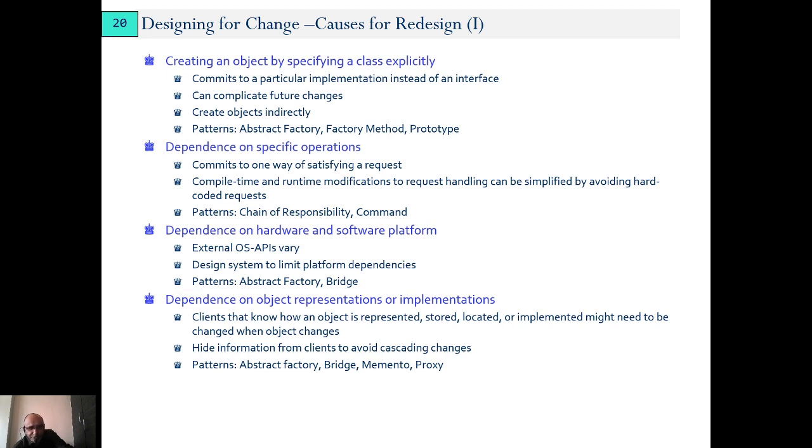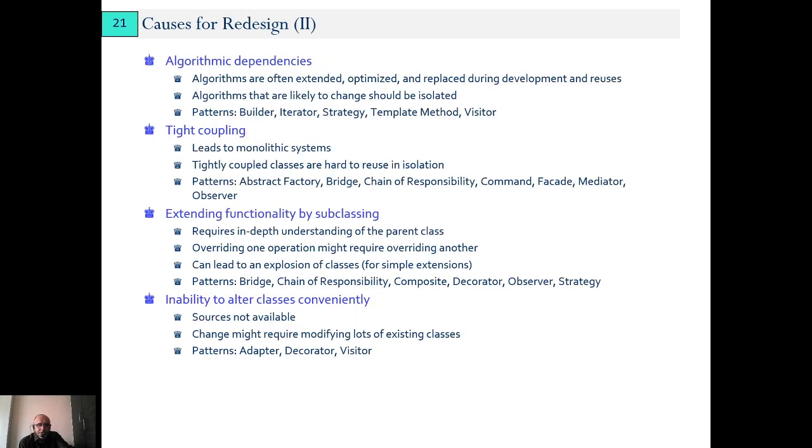What we want to achieve is platform independence, but here again we are falling in love with platforms, right? So the patterns significant here are abstract factory, bridge, memento, and proxy, which have dependence on the object representations.